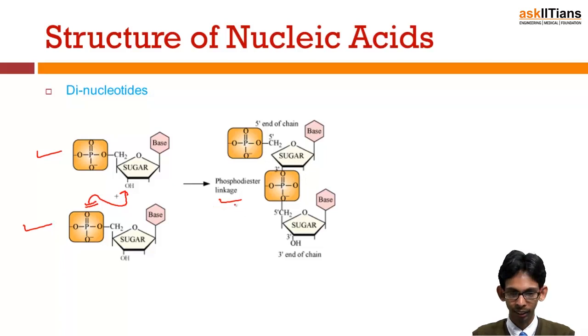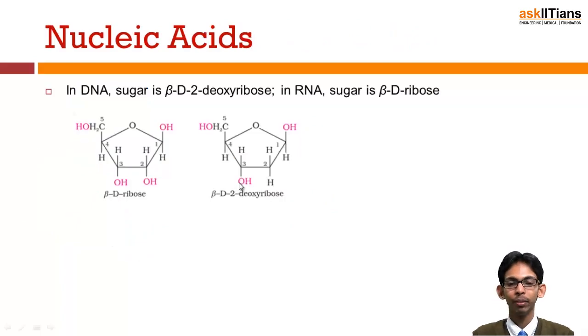Second is this phosphodiester linkage, and there was the peptide linkage in case of proteins. So pentose sugar and nitrogenous base give a nucleoside; pentose sugar, nitrogenous base, and phosphate group give a nucleotide. Two or more nucleotides combining together through phosphodiester linkage give a polynucleotide or nucleic acid.